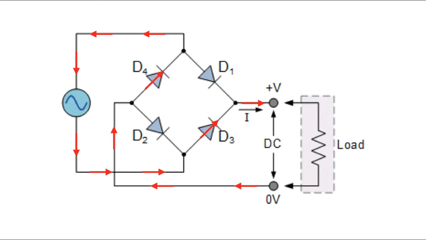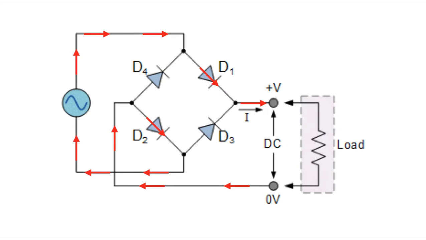Firstly, we have the current flowing in this direction. Because diodes only allow one direction of current, the current passes through only diodes 3 and 4, and no current passes through diodes 1 and 2, since they are placed so that the current won't flow in the opposite direction. And here we have the situation when the alternating current is flowing in the other direction.